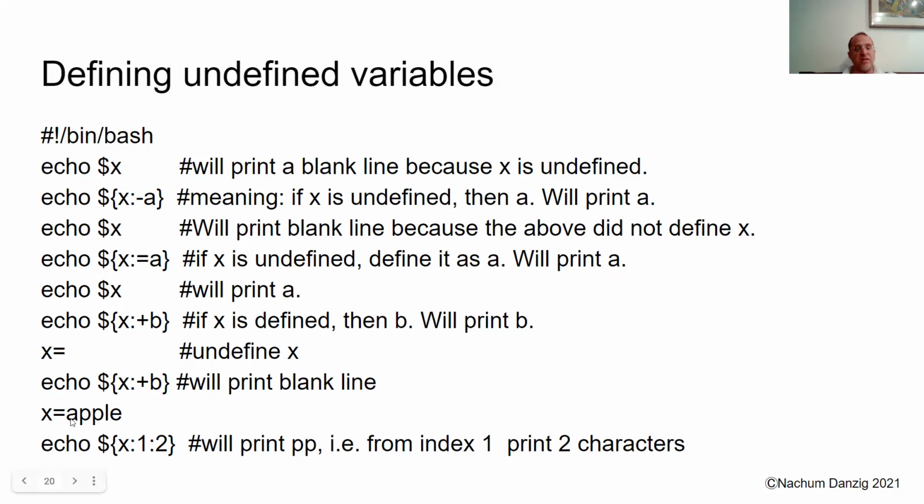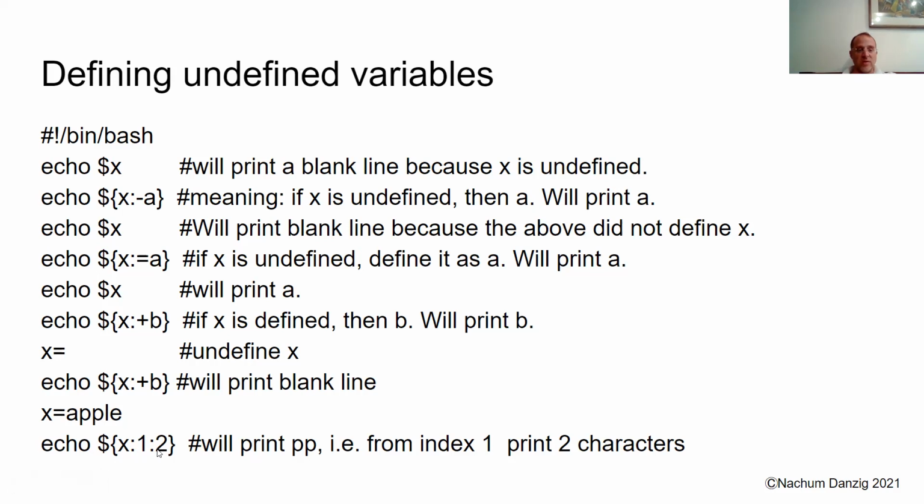Now, if I define X equal to apple, X is not one letter long like it was at some point, it's five letters long. So echo X colon, and now there's no plus or equals or minus, there's just a number, 1 colon 2.